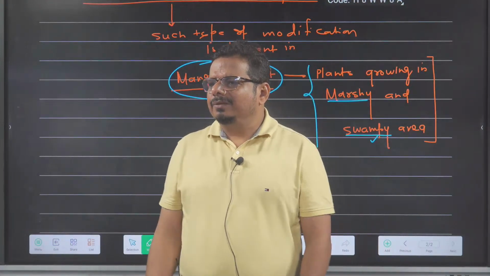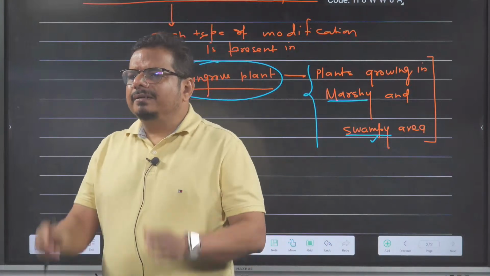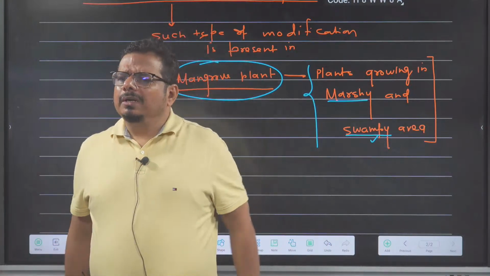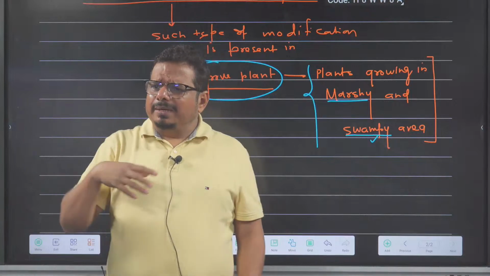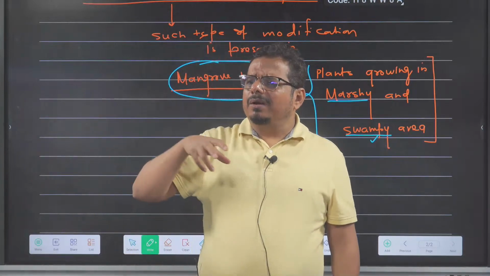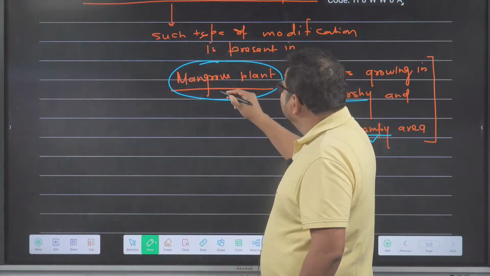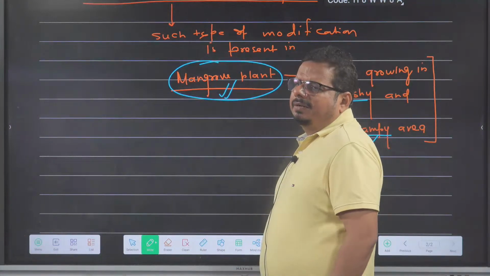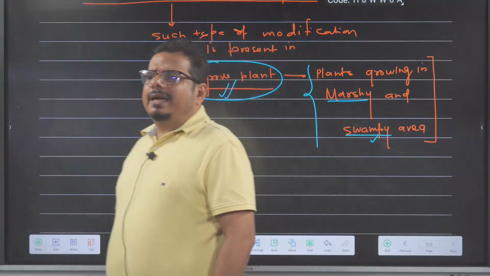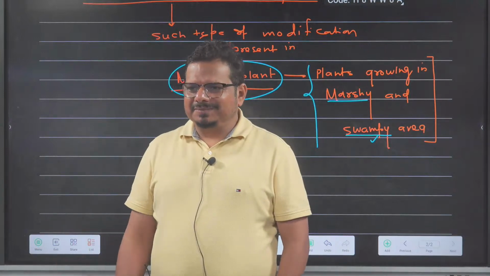Got the idea? In a brackish area, which means what? Brackish water, where sea water and river water are meeting, in that area also which plant is present? Mangrove plants are present.